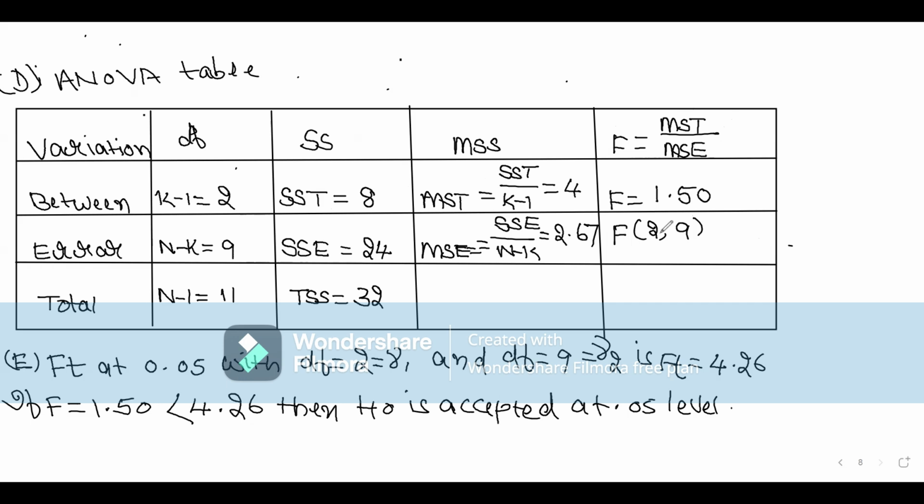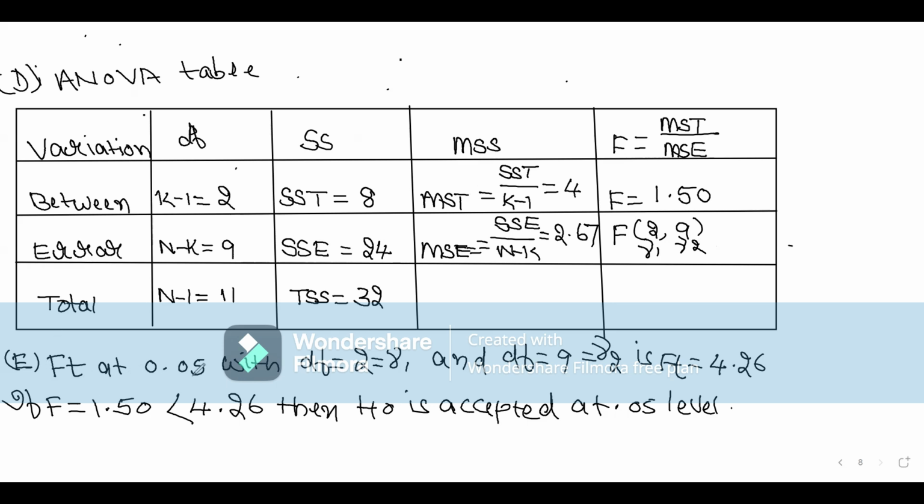And you can write the degrees of freedom for this. I have taken MST in the numerator, and its degrees of freedom is 2, and MSE in the denominator, its degrees of freedom is 9. In the table, these become mu1 and mu2.